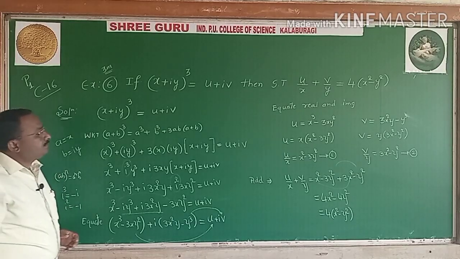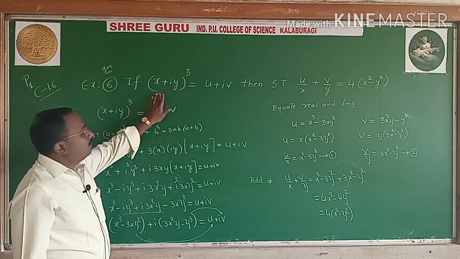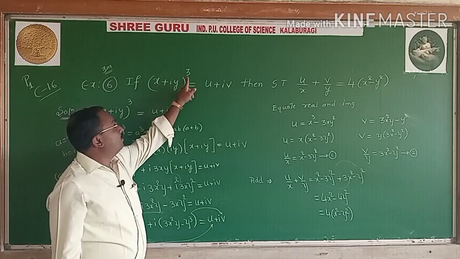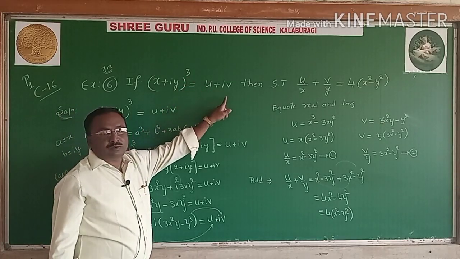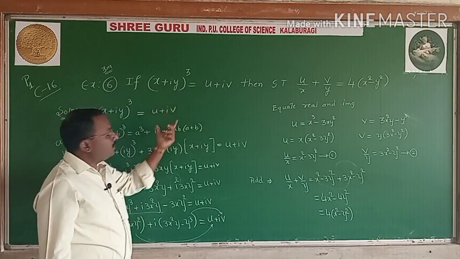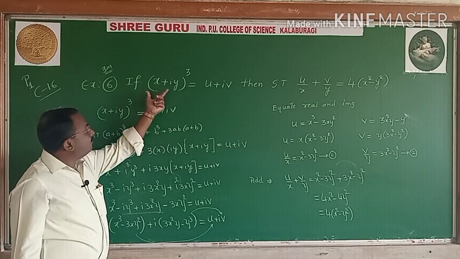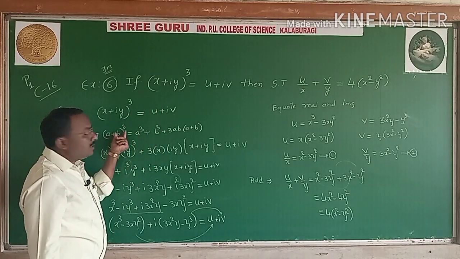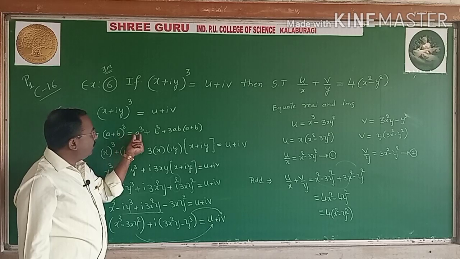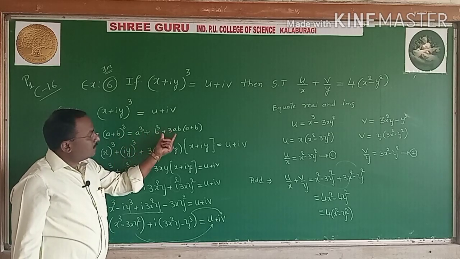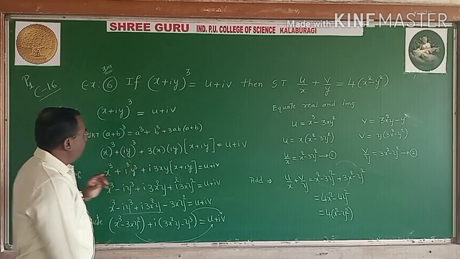Listen here. If (x + iy)^3 = u + iv, this is in the form of the (a + b)^3 formula, a^3 + b^3 + 3ab(a + b).